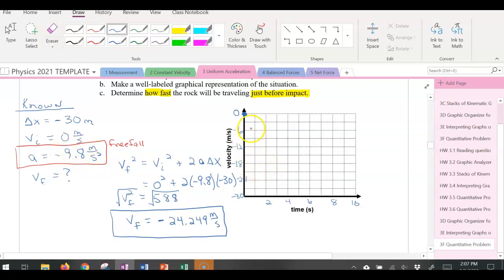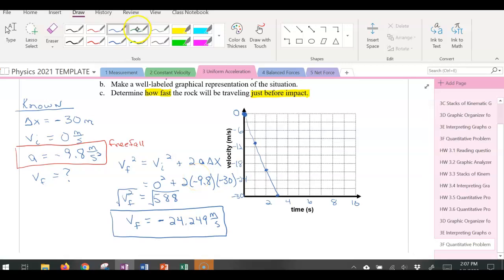So it starts at 0. After 1 second, the velocity should be about -10. After 2 seconds, about -20. After 3 seconds, -30. So somewhere along this line is the velocity versus time graph. I'm just not sure how much time it takes for it to fall.